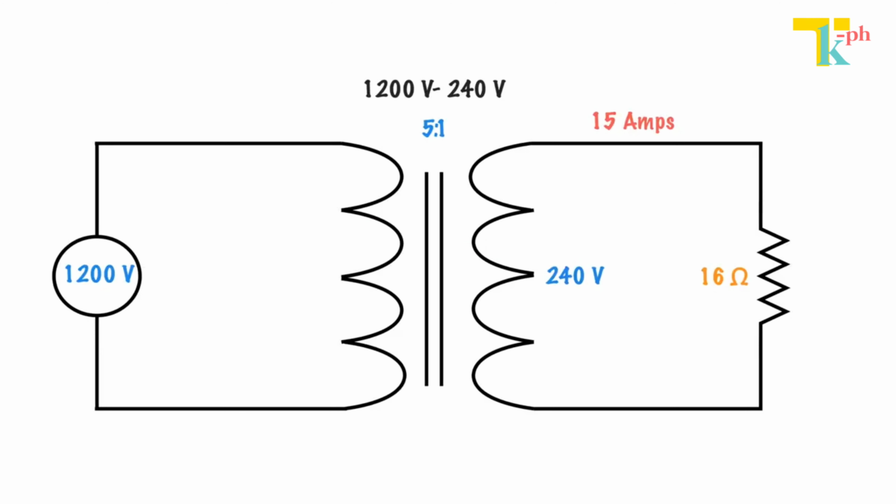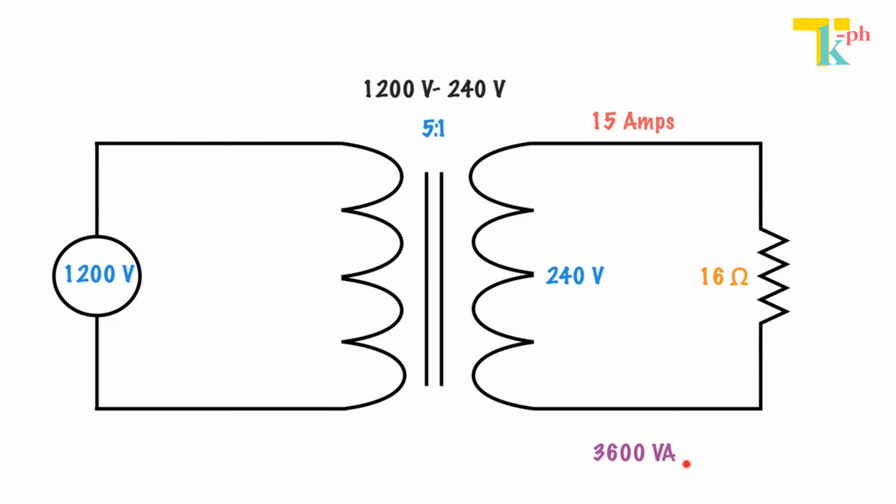Along with volts per turn primary equals volts per turn secondary, whatever the output power of the transformer is has to equal the input power of the transformer. So going back to our original example, 240 volts divided by 16 ohms gives us 15 amps. 240 volts times 15 amps will give us 3600 VA.